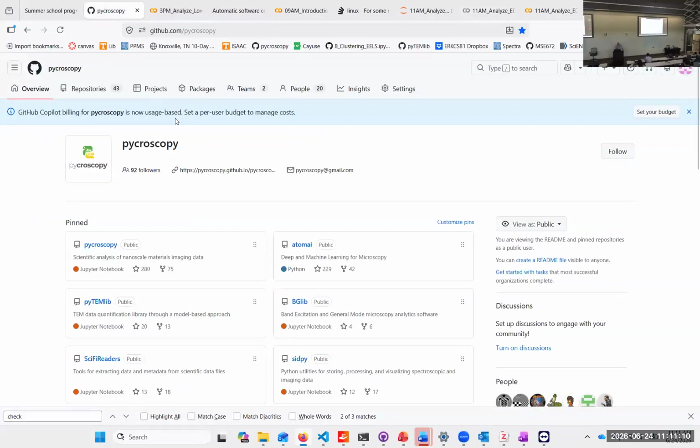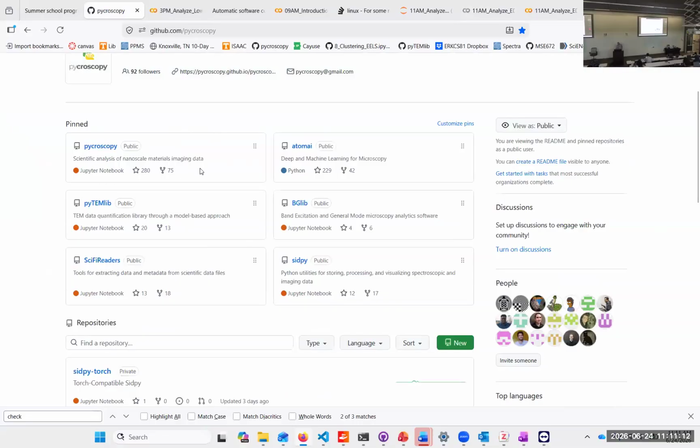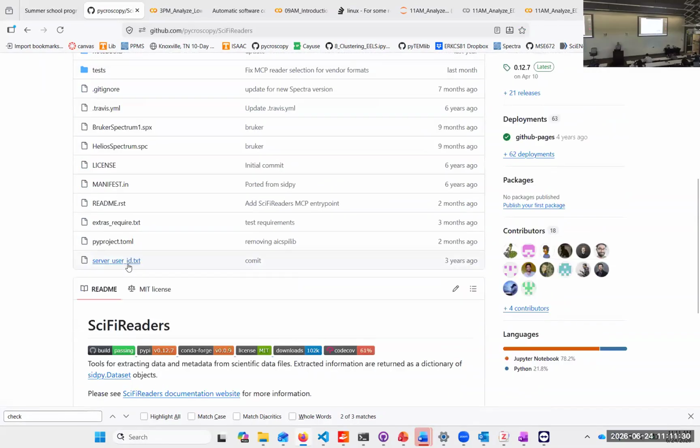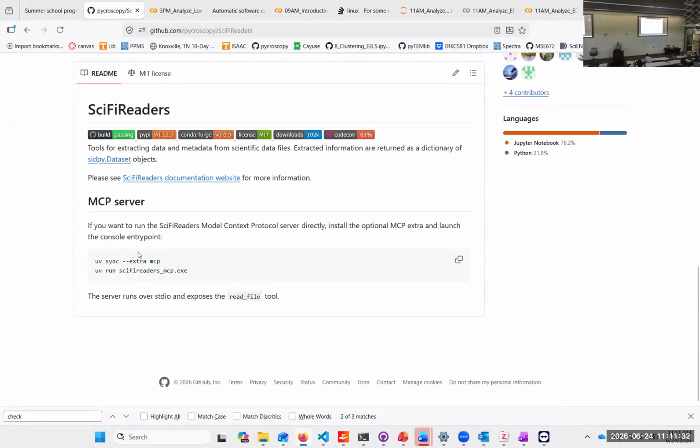the hyperspy ecosystem. We have different parts. So this one is mostly for scanning probe microscopy, AtomAI, the old atom finding one, and we have the SciFi readers. And I use those SciFi readers for opening all my files.